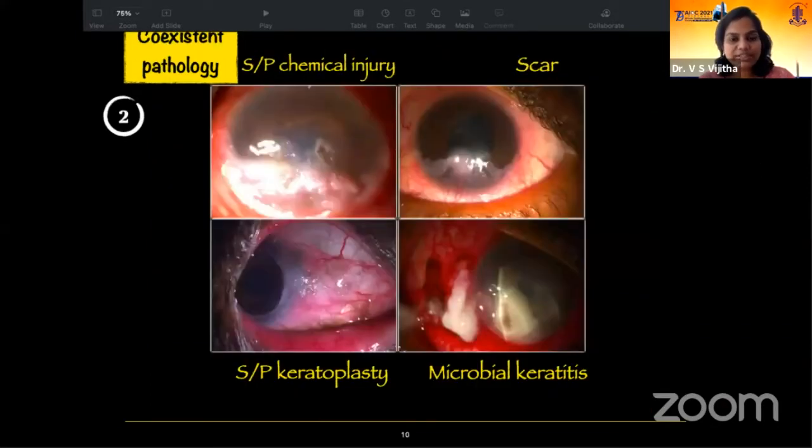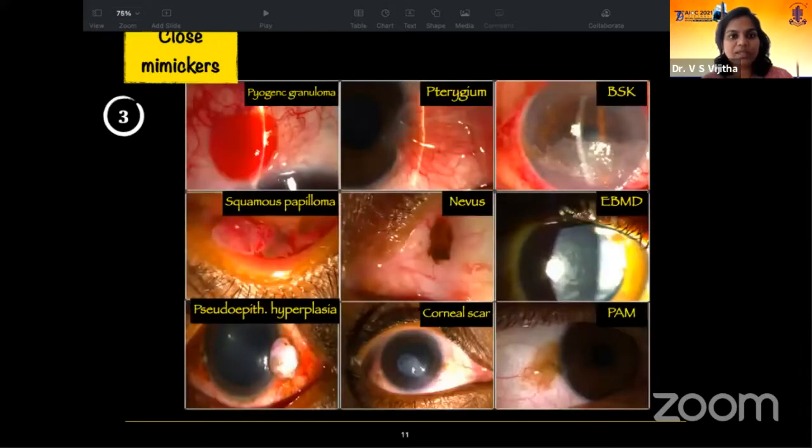The second important reason is that OSSN can also occur in compromised ocular surfaces, such as following chemical injury, corneal scars, in coexistence with microbial keratitis, or in a corneal graft where it is very difficult to pick it up clinically. In addition, there are a number of close mimickers such as pyogenic granuloma, pseudoepitheliomatous hyperplasia, and any lesion with speckles of keratin can also look like OSSN.